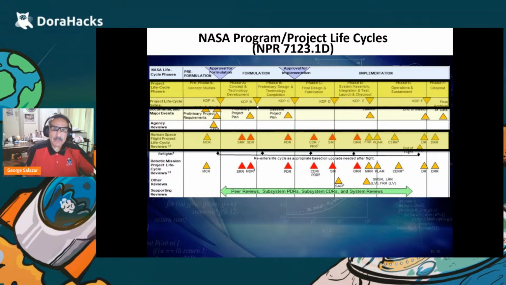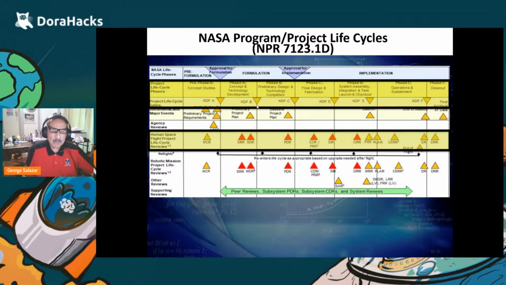So each one of these key decision points has criteria and quite a few requirements, if you will, for going from one key decision point to the next. But it's the only way to basically ensure that this system is being developed correctly, that problems that are occurring are addressed before going on to the next phase.